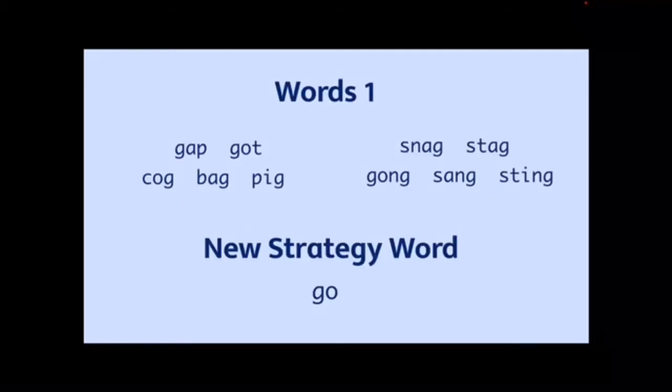Here are the words that were covered in section 1. Take a look at them and decide whether or not you are going to go back and do the reading words 1 and the writing words 1.